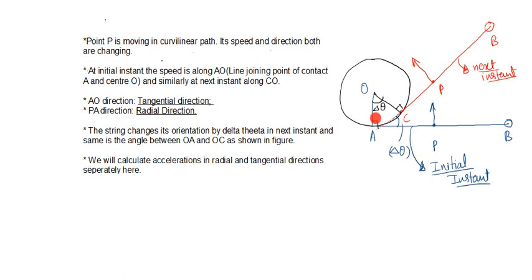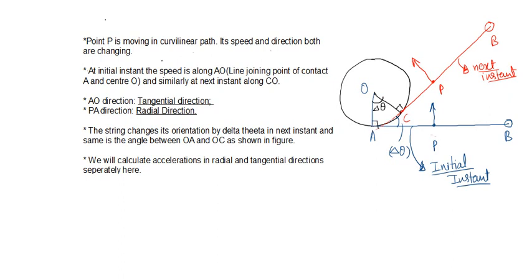So AO, which is the radius vector for the cylinder at the initial instant, is the tangential direction for the motion of point P. Because what is the tangential direction? After all, it is the direction along which the particle is moving. So AO at any instant represents the tangential direction.